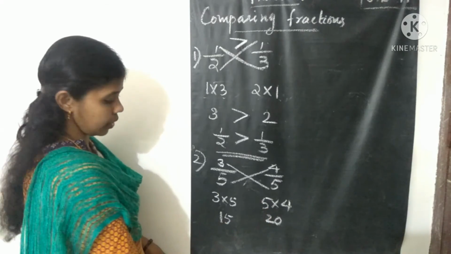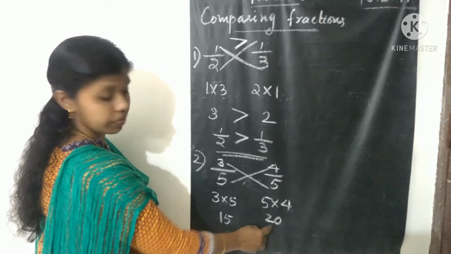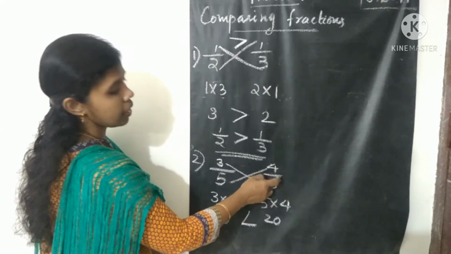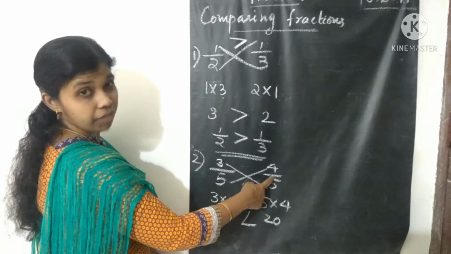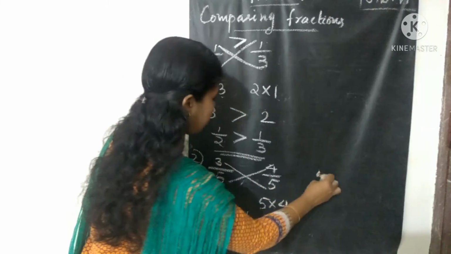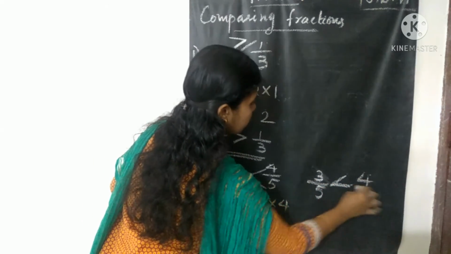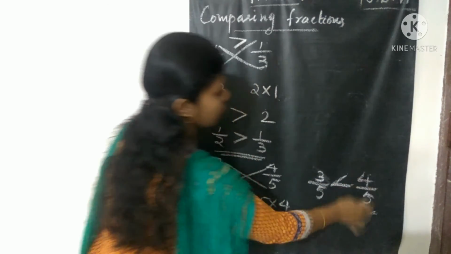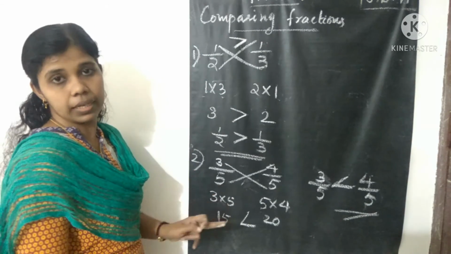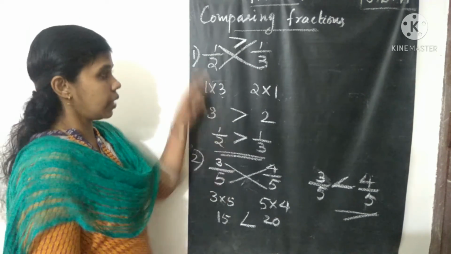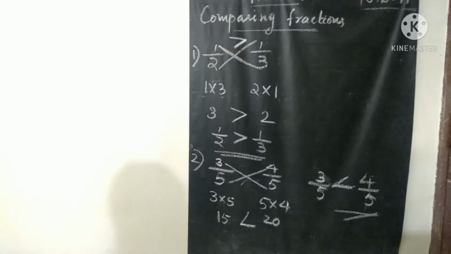Which is the greater number? 20. That means the second fraction is the greater. So 3 by 5 is less than 4 by 5, and 4 by 5 is the bigger fraction. Clear? Write these two examples in your notebook.